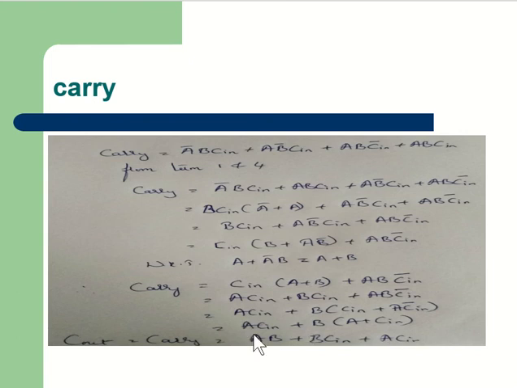So finally the expression can be rewritten as C out or carry is equal to A B, that is here, plus B C in, that is here, plus A C in here. So the expression for the carry in case of a full adder, we have reduced it to AB plus BC in plus AC in.